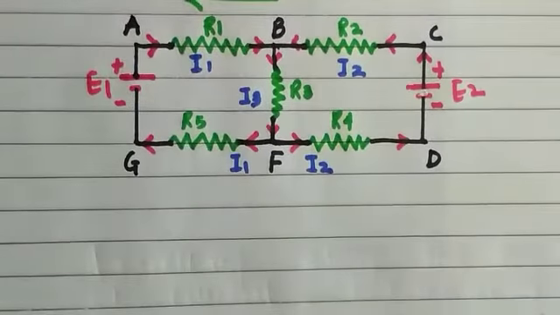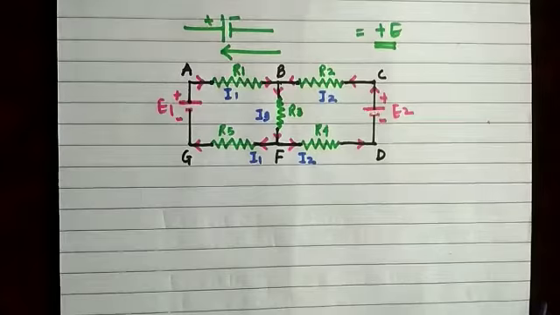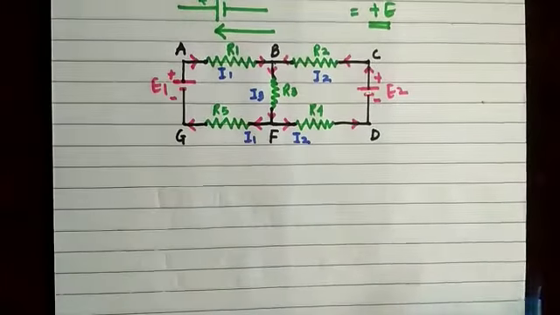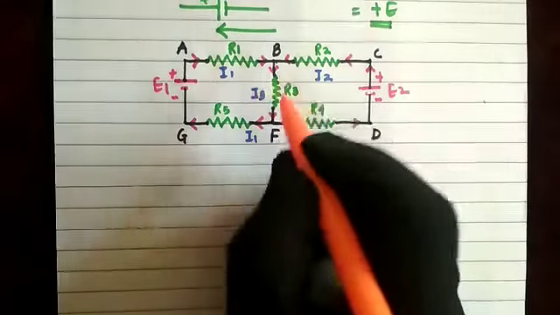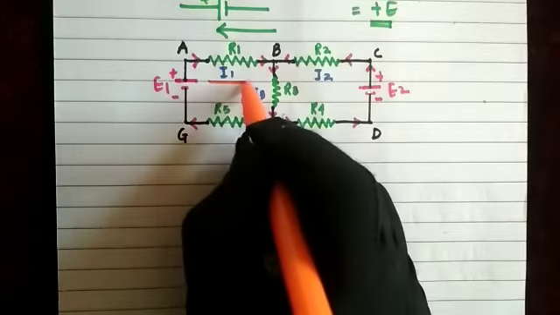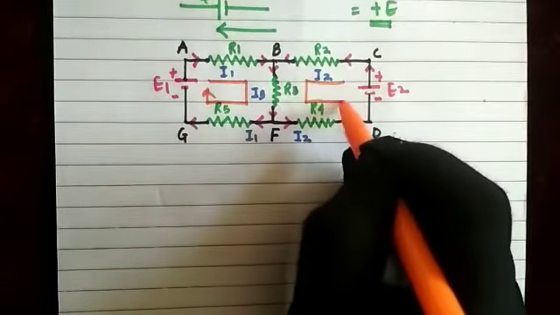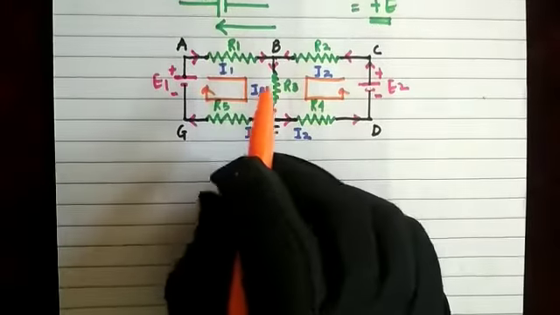You can see here. So let's apply Kirchhoff's laws, Kirchhoff's voltage law. First we have to observe how many loops can be here. You can see this could be one loop, this could be the second loop, and overall could be the third loop.